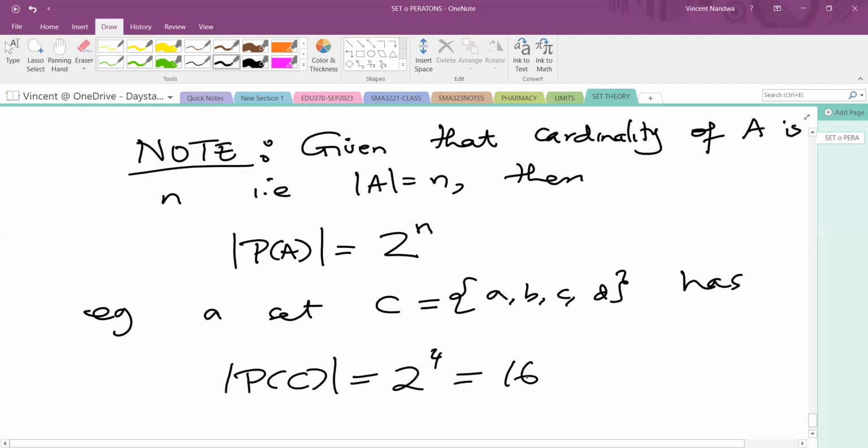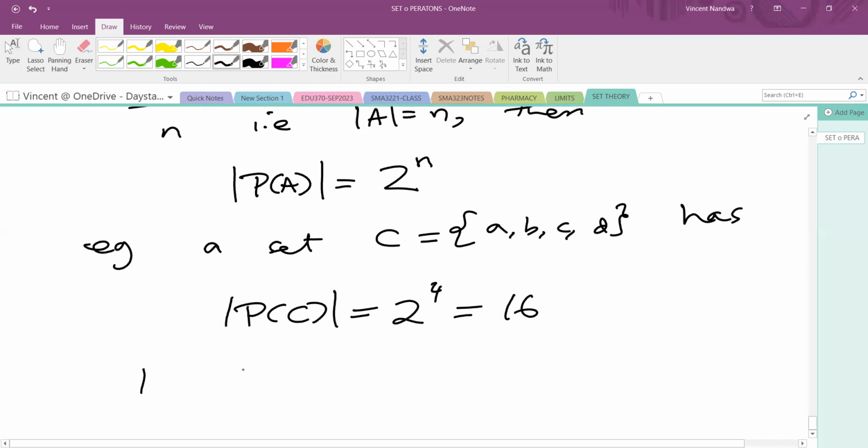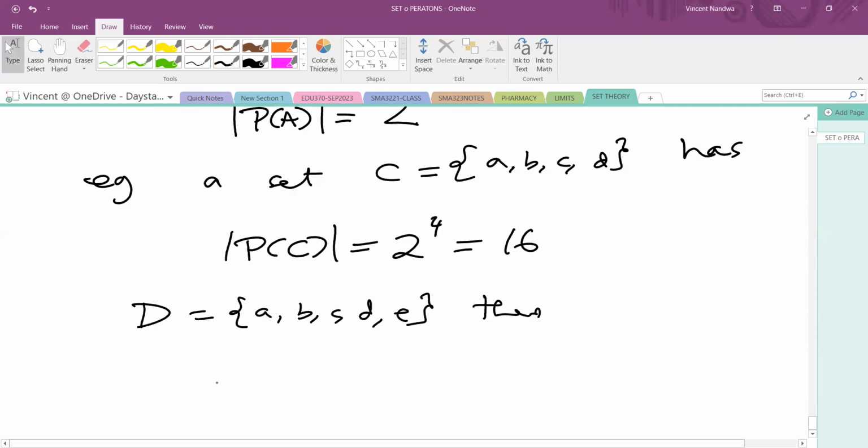So if you have a set having 4 elements, then the number of elements in its power set will be 16. And if we have D having A, B, C, D, E, then the cardinality of the power set of D will be given by 2 to the power 5, which is 32.